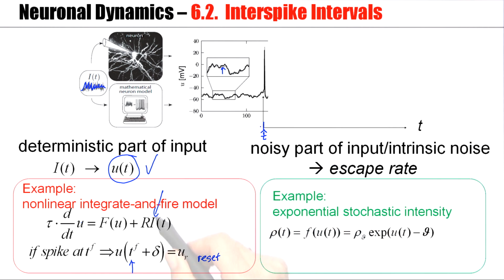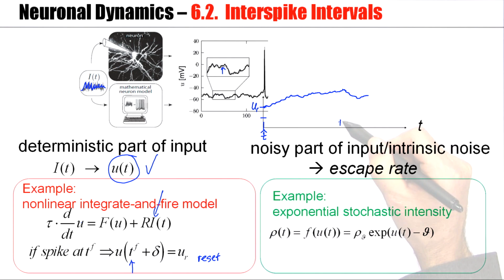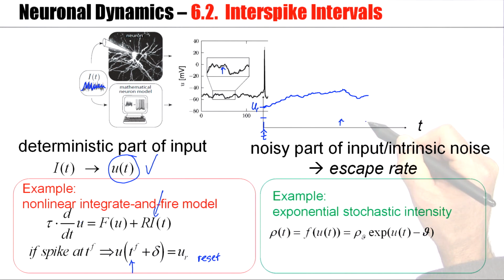Now, with this method, I know that for my model, integration starts again at some value, let's put it here, some value UR. I know my current, it's known for all the future, so I can construct this deterministic trajectory. And then the question arises, will this neuron fire again here? Or will it fire again here?